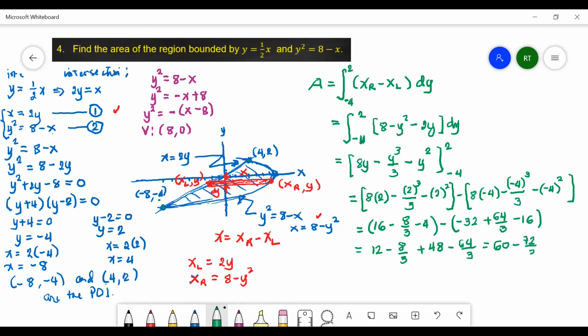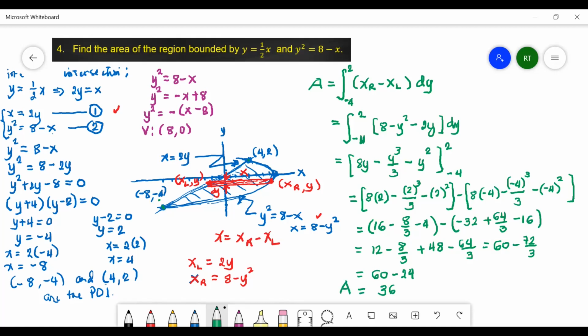So we have 60 minus 72 over 3. 72 is divisible by 3, so we have 24. 72 by 3 is 24, and 60 minus 24, of course, is 36.